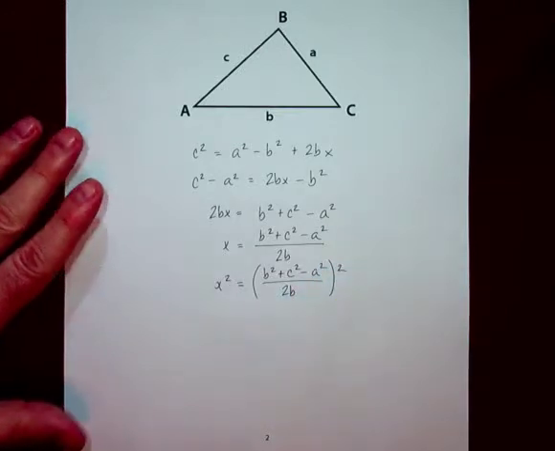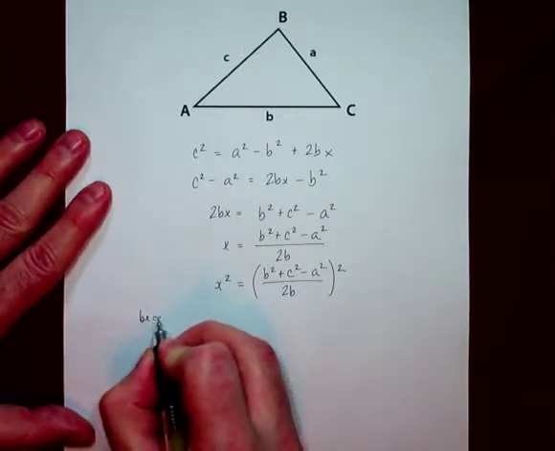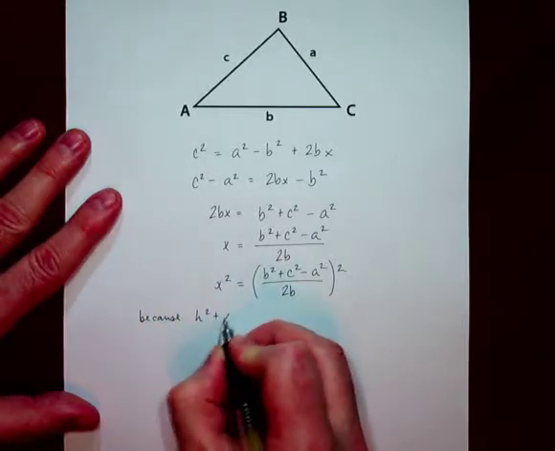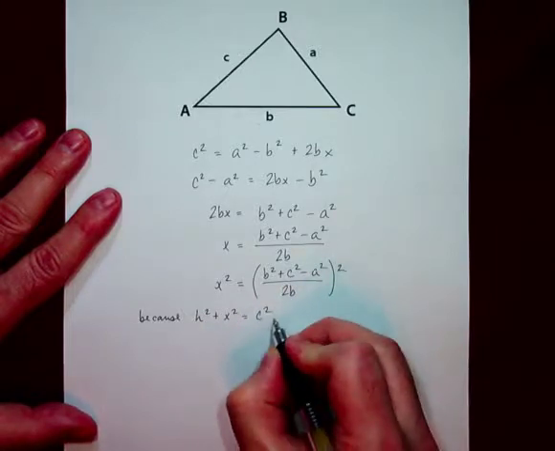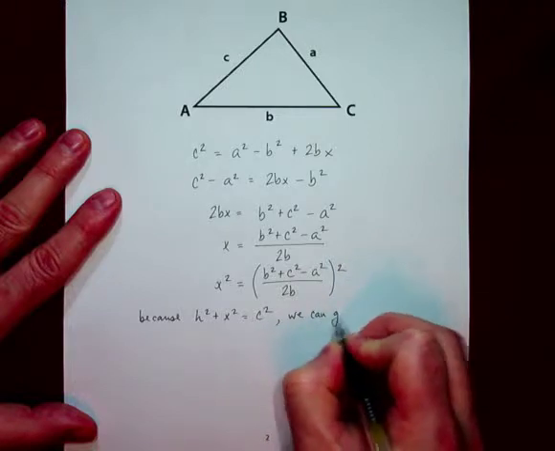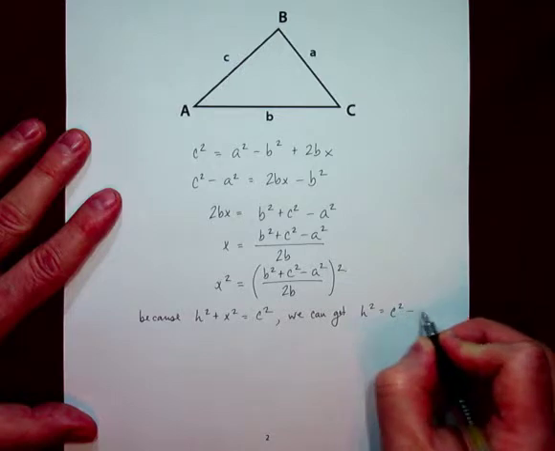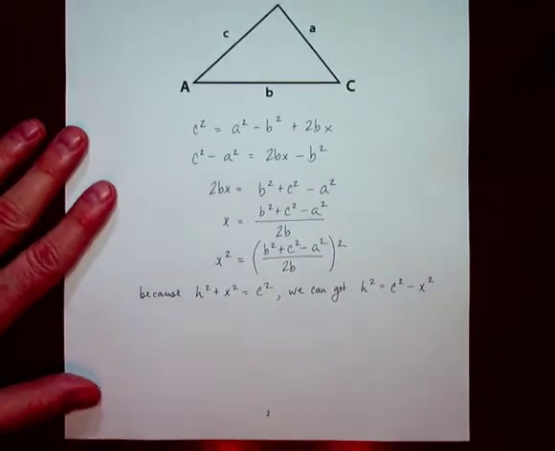Okay. Now, you need to recognize that because h squared plus x squared is equal to c squared, that was on the previous page, okay, we can get the fact that h squared is equal to c squared minus x squared. Okay, well here's the thing.